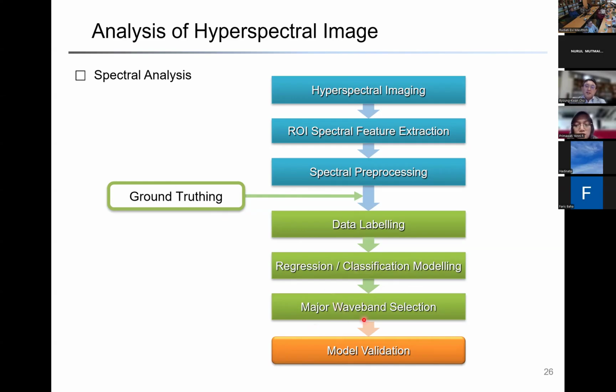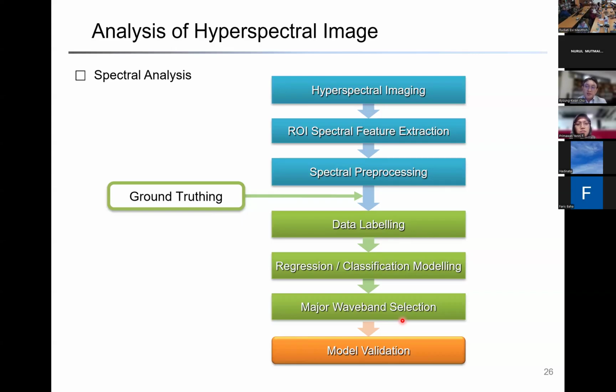Then you may need waveband selection. Why? Spectral information is huge. Some spectral information is not necessary for your analysis. You need to get rid of the useless information.